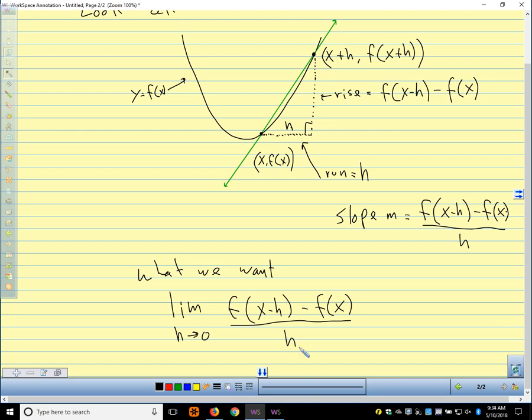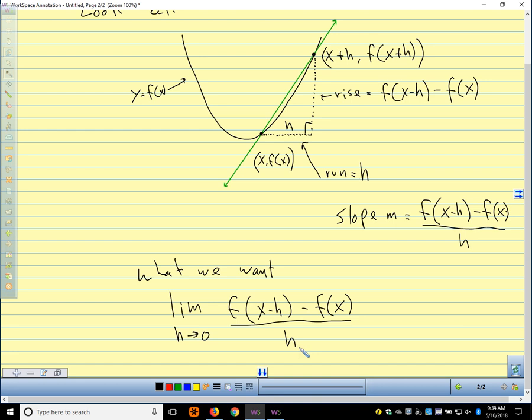That's going to give us the slope at that particular point. That tells us as h gets closer to 0, as these 2 points get closer together, what does our slope get close to? So that's how we're going to look at our slope as a limit.